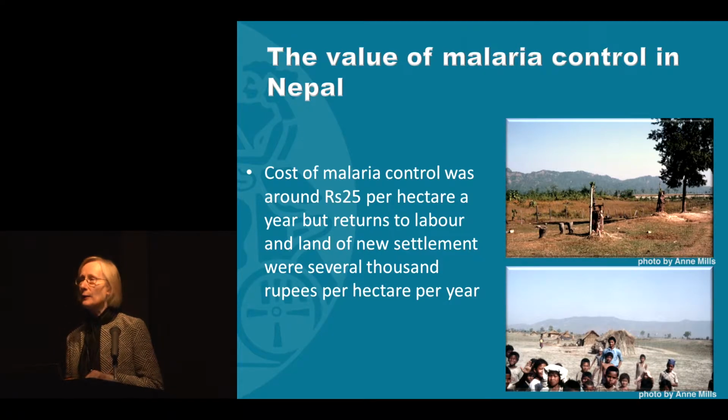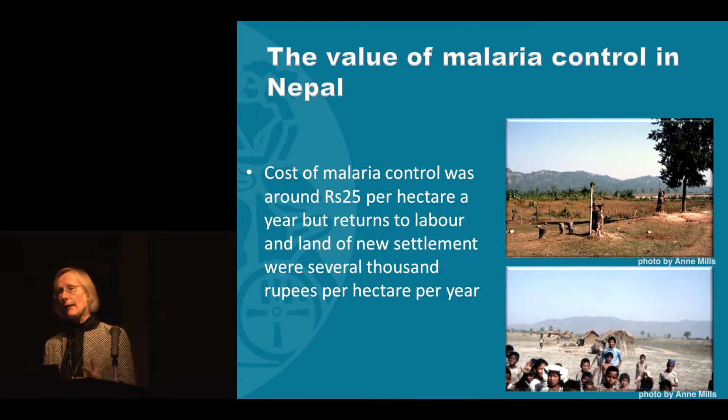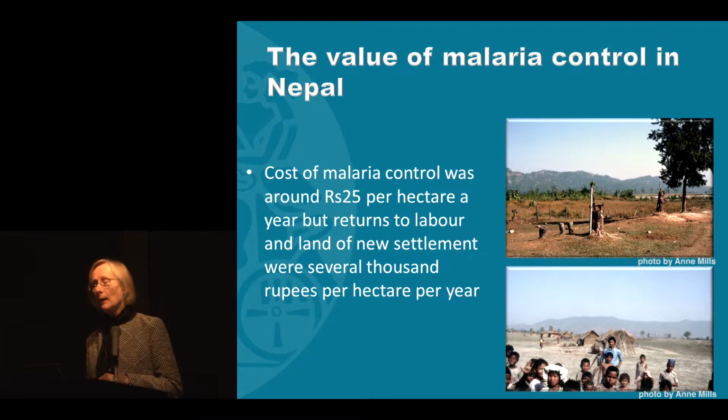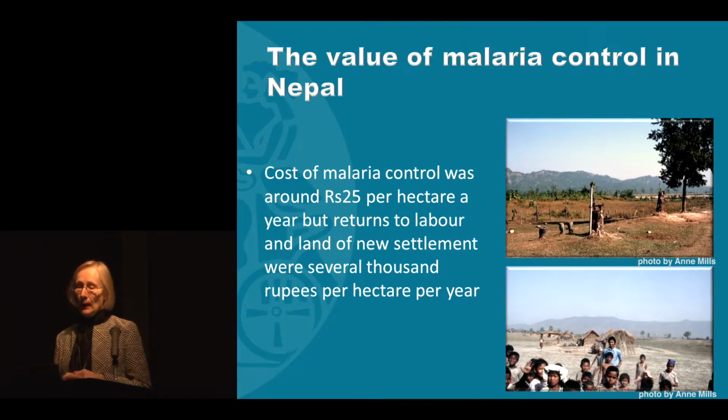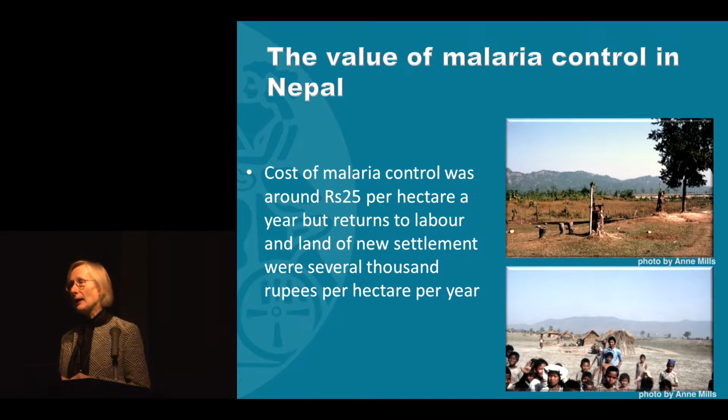And that argument was very commonly made for Nepal. So what I did was a cost-benefit analysis, looking at the costs of the malaria control efforts over time, and then at the benefits. And in this case, the benefits were translated as the benefits of new land becoming available.